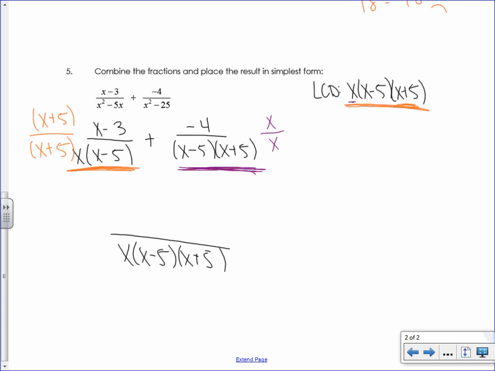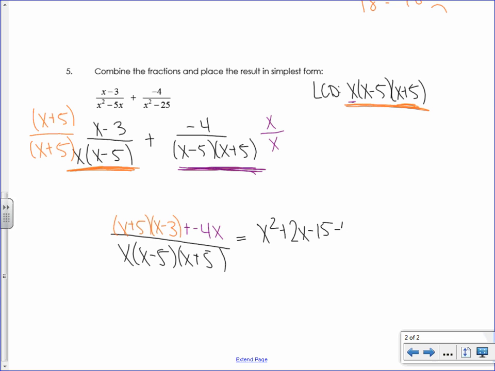And in my numerator, now be careful, because you need to FOIL the left part. And this negative, no, that's just -4x, that's nothing fancy. When I FOIL, I'm going to get x squared plus 2x minus 15.